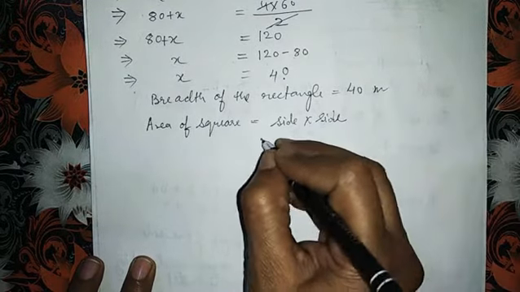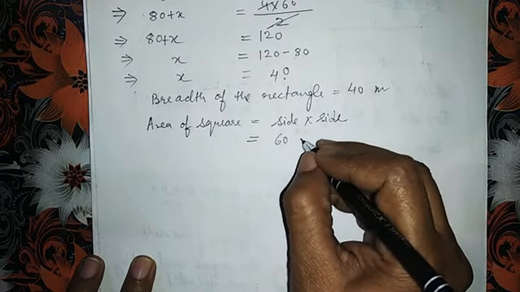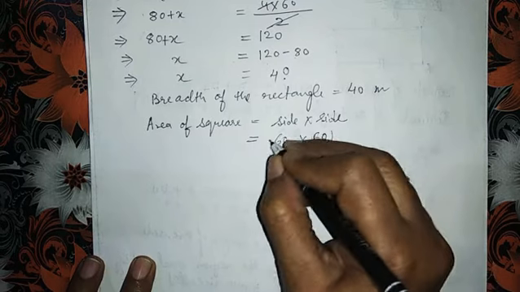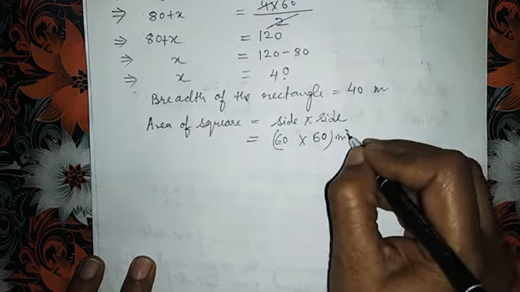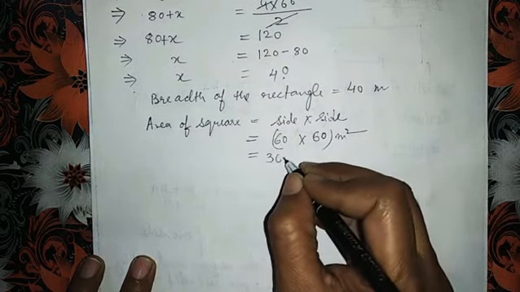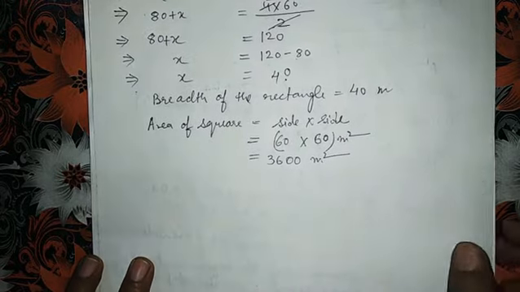Okay, now side 60 meter. And here this also 60, and unit meter square. Now 6 6 are 36, and these two zeros we will put, meter square.